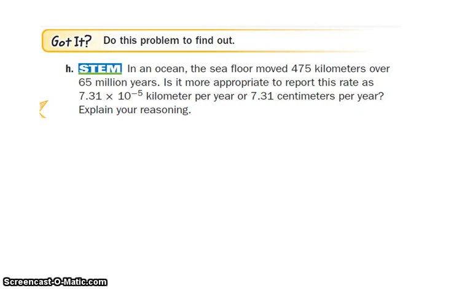Do you understand 7.31 centimeters per year? Or is it easier if you say 7.31 times 10 to the negative 5th kilometers per year? Well, obviously, it's going to be easier if you say 7.31 centimeters per year because we know physically how much 7 centimeters is, and we understand that a little bit better. So sometimes it's a little easier to use the larger unit than it would be to use scientific notation.